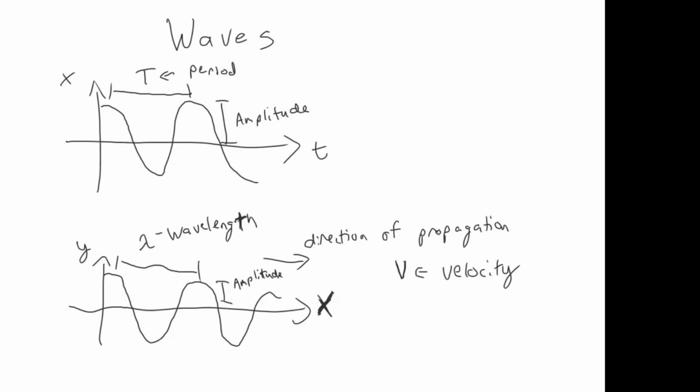And so now we'll have a relationship between v, the wavelength, and the period. So wavelength is a distance, and period is a time, and velocity is change in distance over change in time. So the velocity for a wave would just be the wavelength divided by the period. Or if you remember that period is 1 over frequency, then velocity is lambda times frequency, or wavelength times frequency.